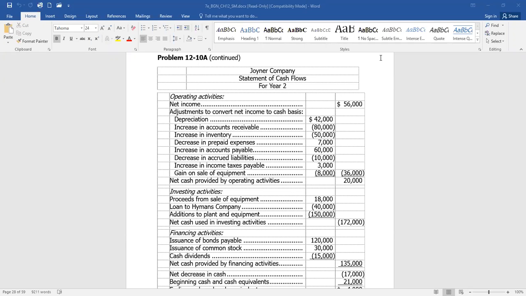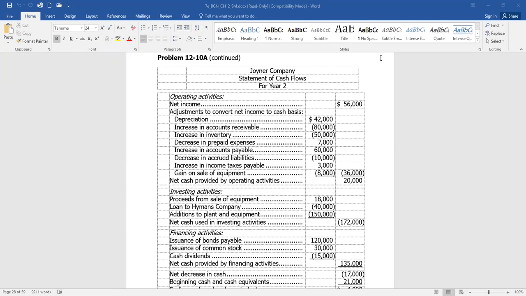So of course, most items on our income statement will be reported on the statement of cash flow in the operating section, except for items that might be gains or losses on investments. So those kinds of activities are taken out of the information on our income statement.